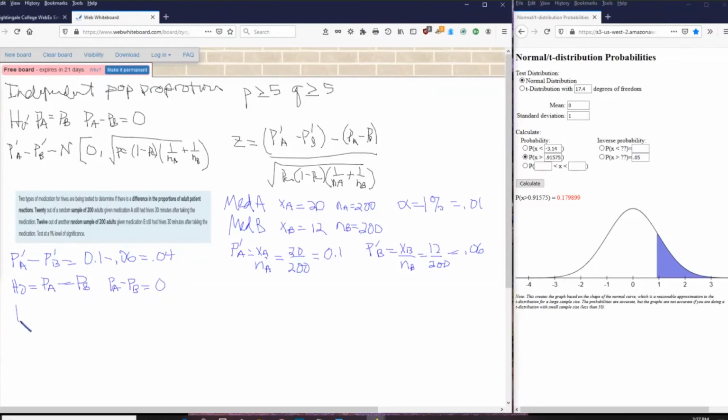And my alternative is going to be the opposite. So that's going to be my P of A does not equal P of B, which means that their difference does not equal 0.